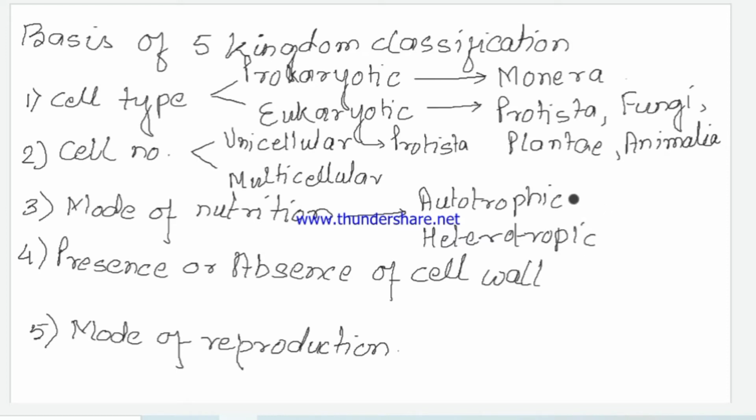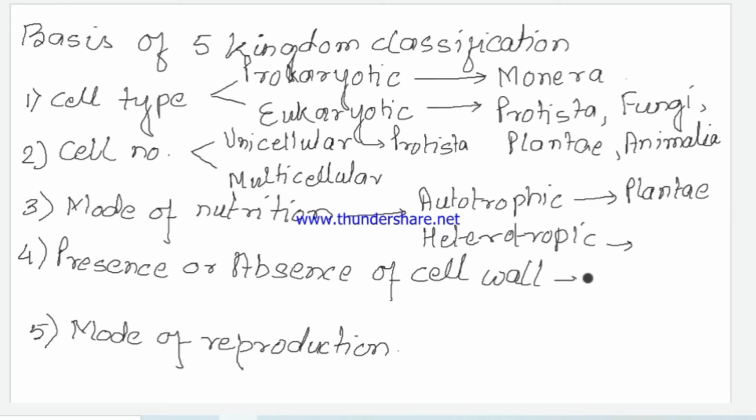So Plantae were kept under the autotrophic, multicellular, eukaryotic organisms. So they were Plantae. And heterotrophic, the fungi and Animalia.